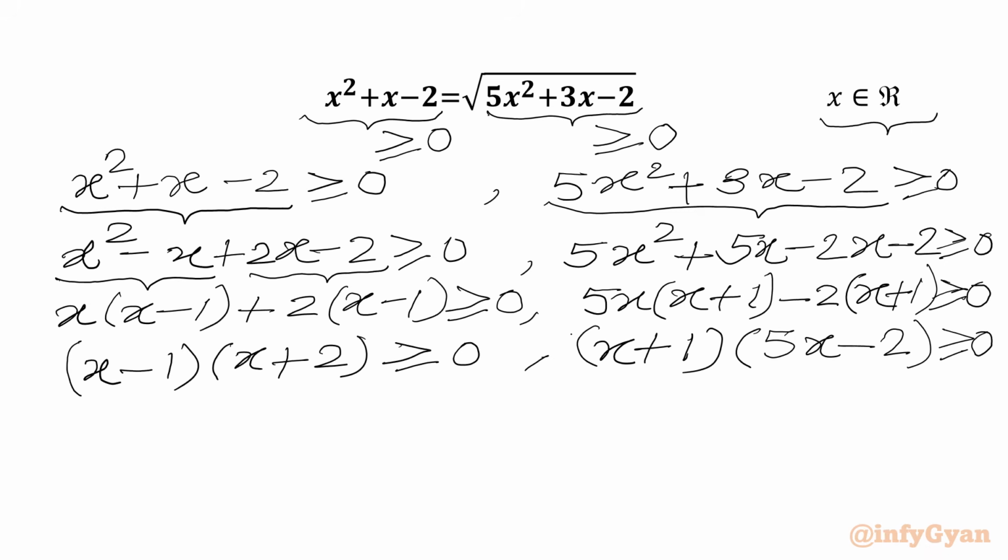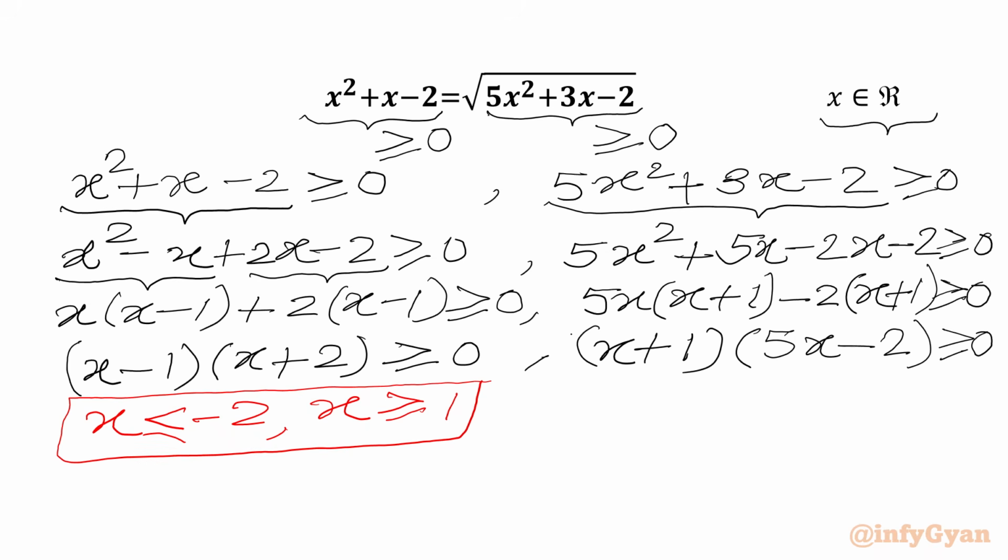Now we have two inequalities and we will solve. From our first inequality, x should be either less than or equal to minus 2 or x should be greater than or equal to 1. And from our second inequality, x should be less than or equal to minus 1 or x should be greater than or equal to 2 over 5.